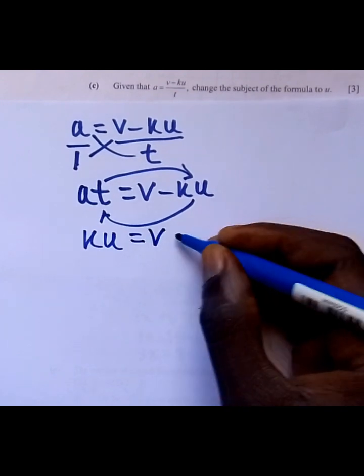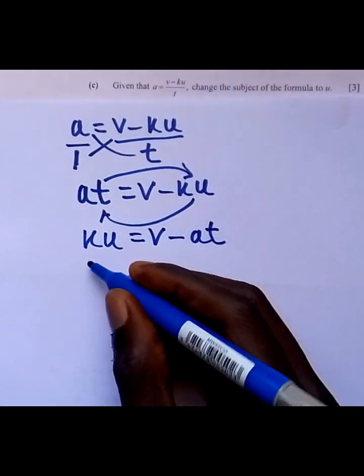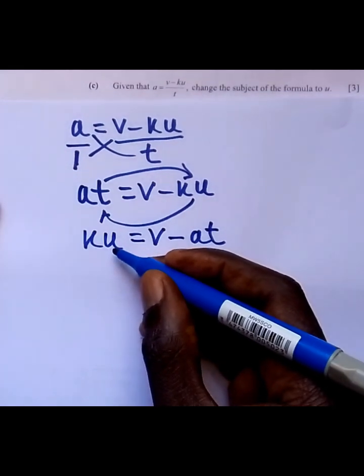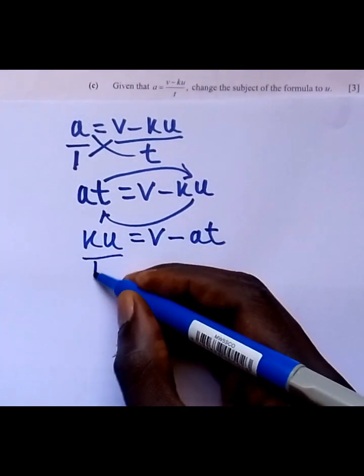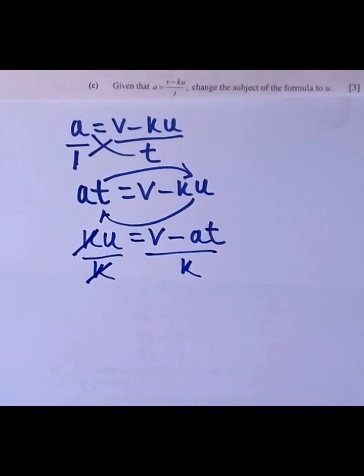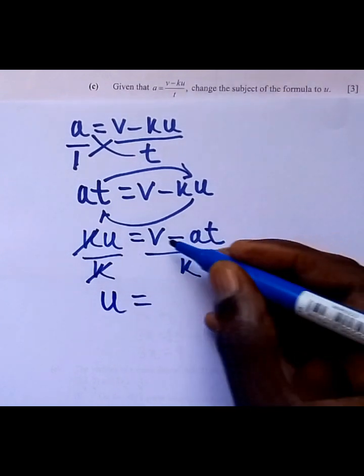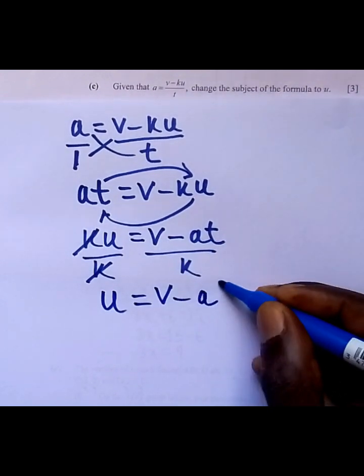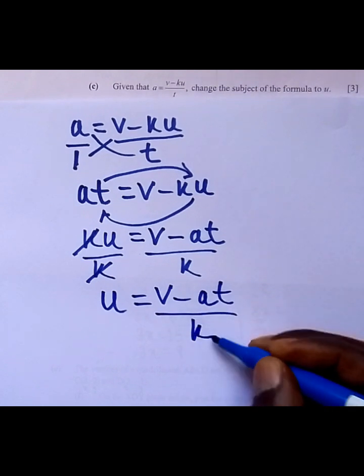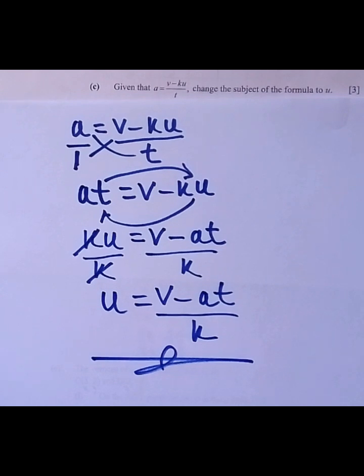So v minus at. Now since we want u as the subject, we divide by k both sides, and k into k, that's 1. 1 times u gives u, equal to v minus at over k. So we have changed the subject of the formula to u from a, and this is the solution for 4c.